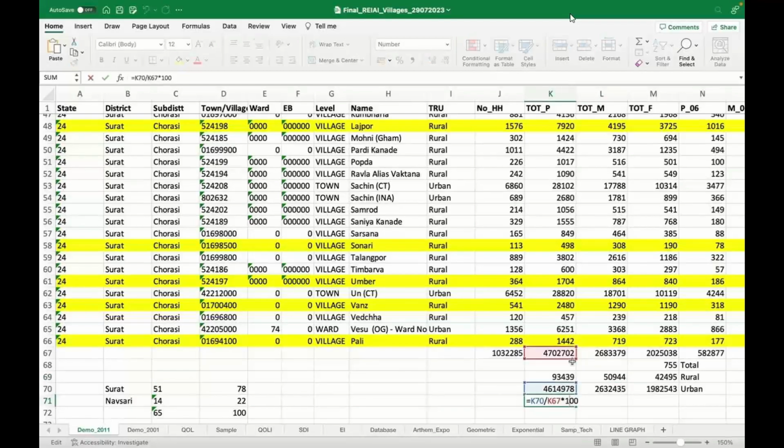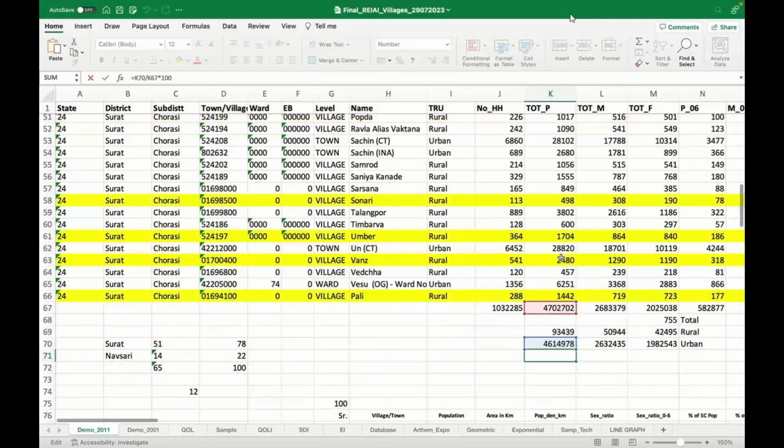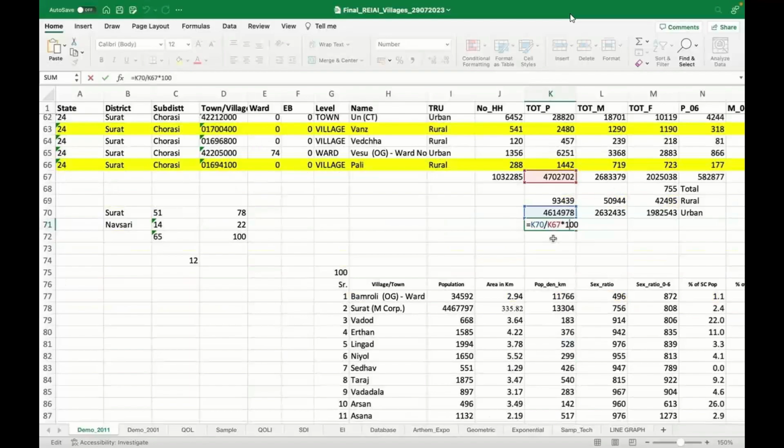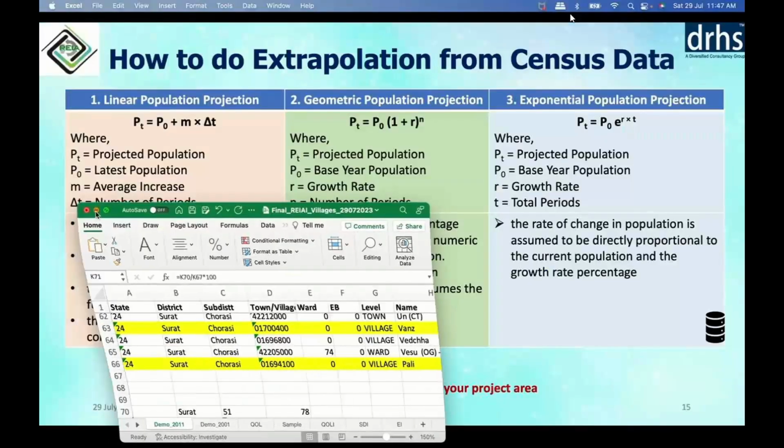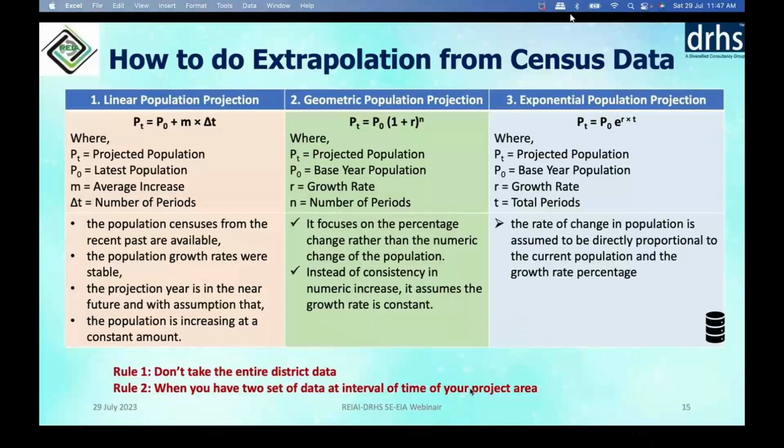The urban population which I have selected is now 98% in Surat. If you take the latest data of 2021, it will be showing more than 101%. So this is where we do grassroots level analysis to understand the various permutations and combinations of the variables to be described in your data set for chapter 3 in your baseline database.